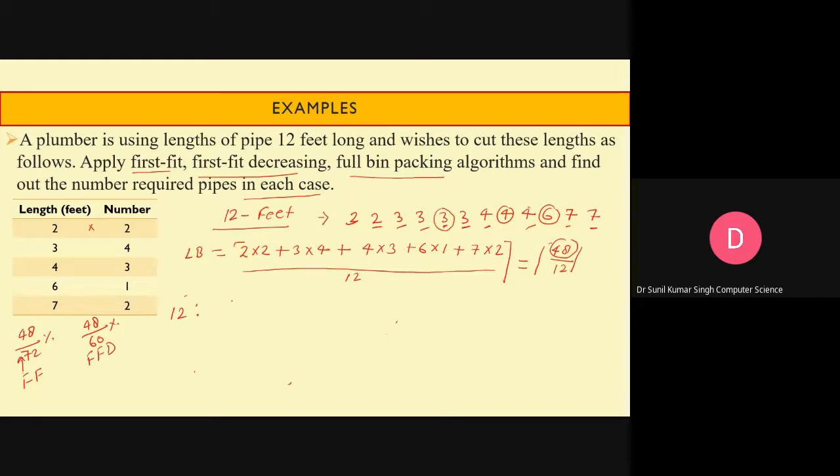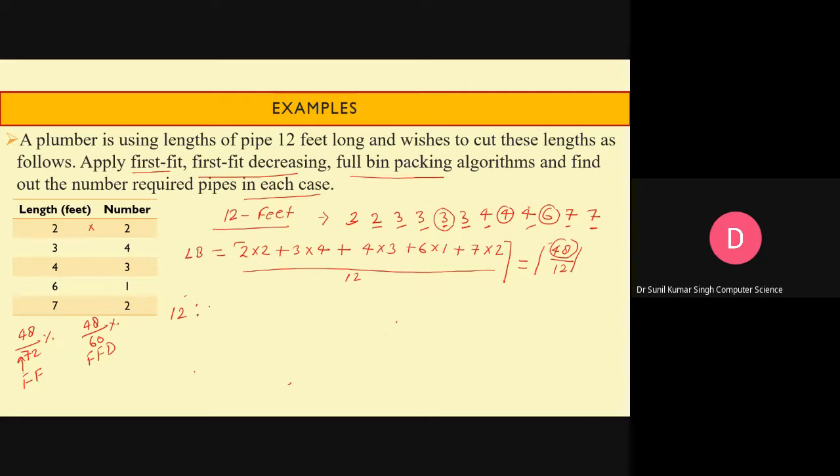So how many items are there? 1, 2, 3, 4, 5, 6, 7, 8, 9, 10, 11, 12. 12 items are there. You can count from here also: 4 plus 2 is 6, plus 3 is 9, plus 1 is 10. And we have to arrange them in such a manner that we can utilize the fullest, in fact full, length of the pipe.